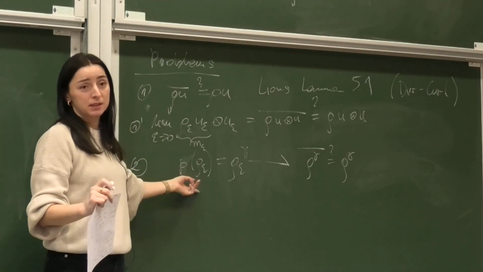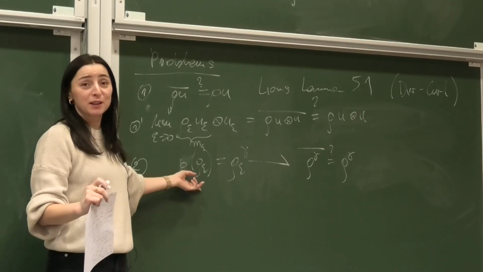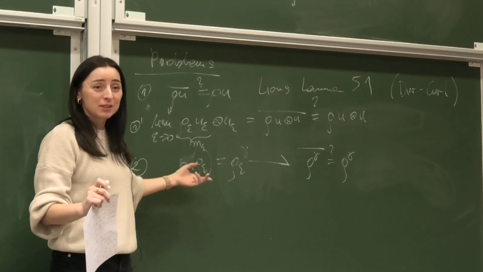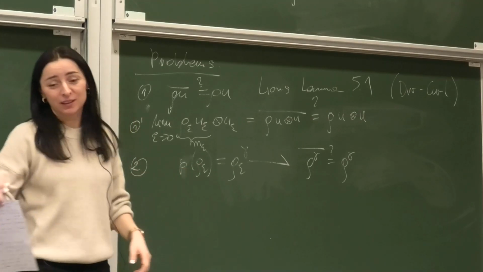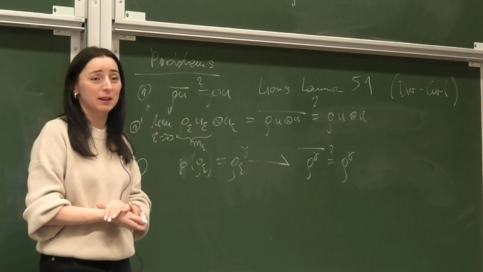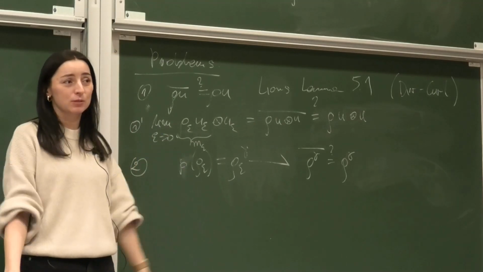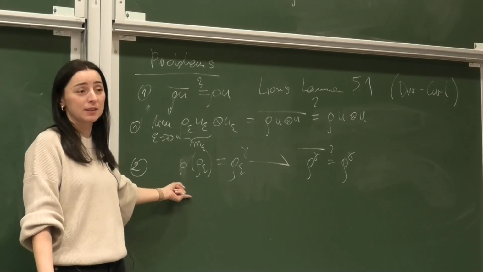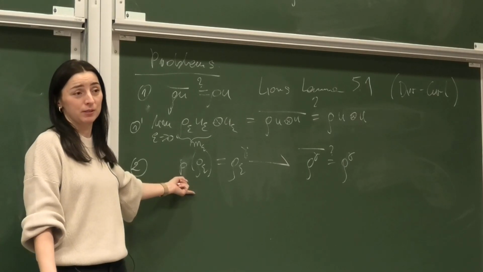The real problem is here. The difficulty is here. What to do with that? Well, the genius of Pierre-Louis Lions, but actually already people like DiPerna and Jacques-Louis Lions, or the Czech school of Novotny, was to show that you have compactness, but not of the function of the density.